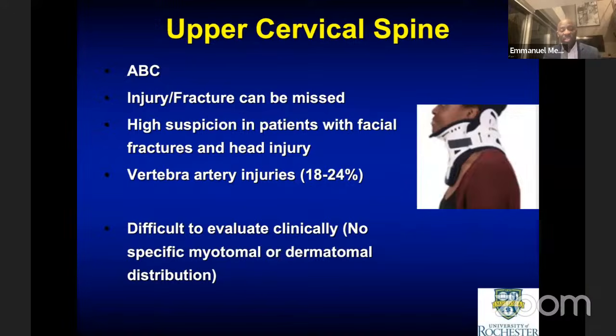You should have a high suspicion for upper cervical fracture in patients with facial fractures and head injury. Vertebral artery injuries are reported between 18 and 24% with upper cervical spine fractures. As I mentioned, it can be difficult to evaluate. There's no specific myotomal or dermatomal distribution, and we have a couple of case examples where you can see how a more significant injury can be easily missed.